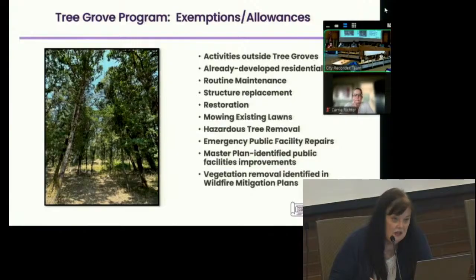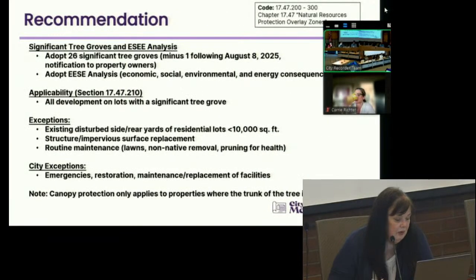Thinning of the tree grove is not impacted. The wildfire mitigation plan, so thinning for wildfire, isn't impacted either. So there are all sorts of levers in there in terms of exemptions to make sure that the tree grove remains healthy for the community and the property owner.